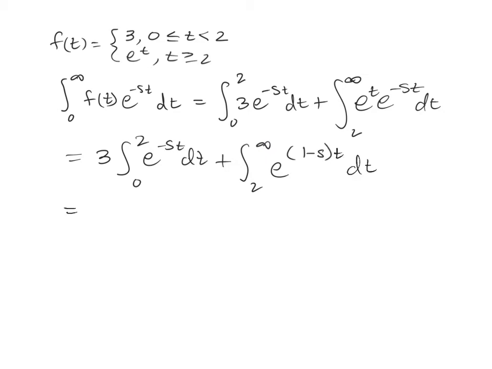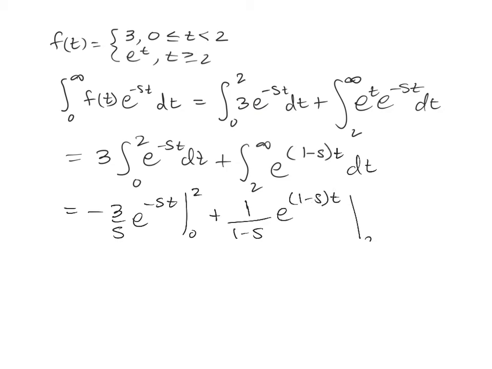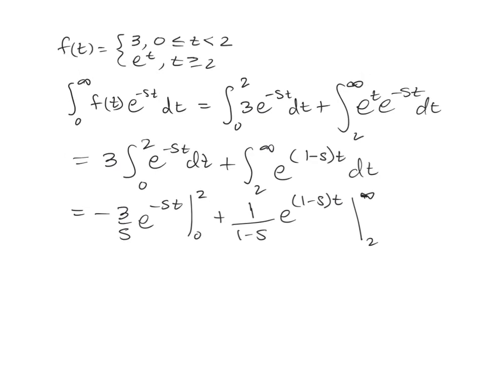And then a quick substitution, we've got negative 3 over s, e to the negative st, from 0 to 2, plus 1 over 1 minus s, e to the 1 minus s times t, from 2 to infinity. All right, and then from there, we can now evaluate this.